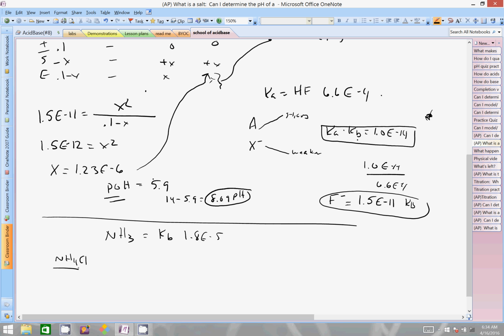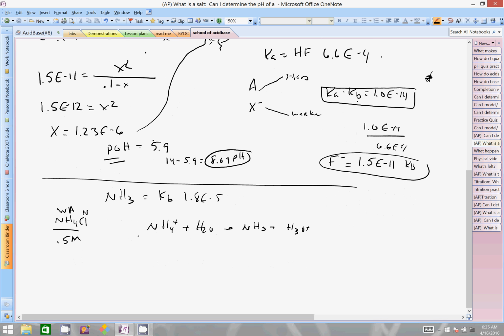You should recognize that this is a weak acid. This is a neutral anion. Let's do a 0.5 molar concentration. So NH4 plus plus H2O yields NH3 plus H3O plus ion. That's my hydrolysis equation.